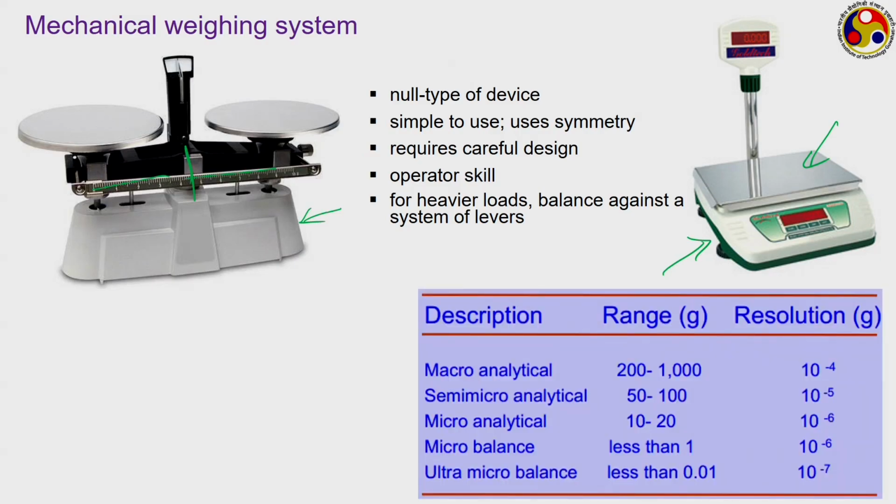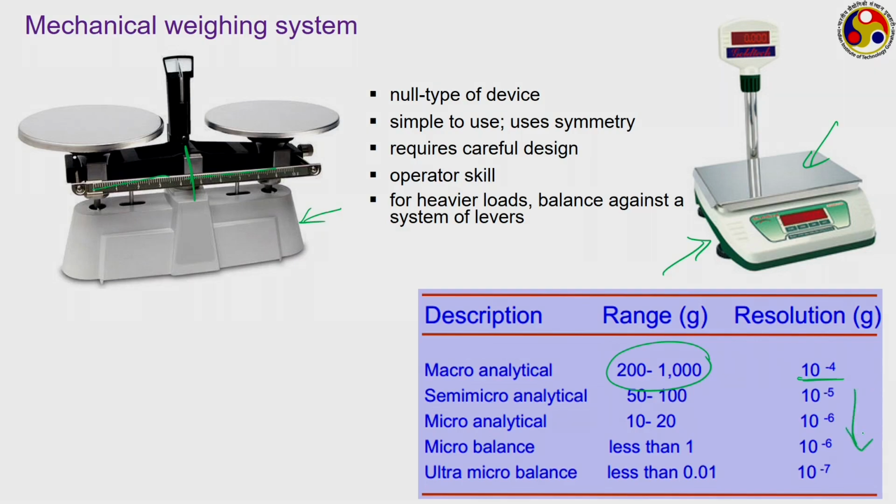The analytical balance and such kind of measuring systems can be classified into different categories depending on the mass that they can measure. Macro analytical devices can measure quite large values from 200 to 1000, and their resolution is of the order of 10 to the minus 4 G, whereas semi micro analytical devices have a lower range, and the micro analytical devices have only 10 to 20, and you can see that the resolution keeps on increasing in this direction.